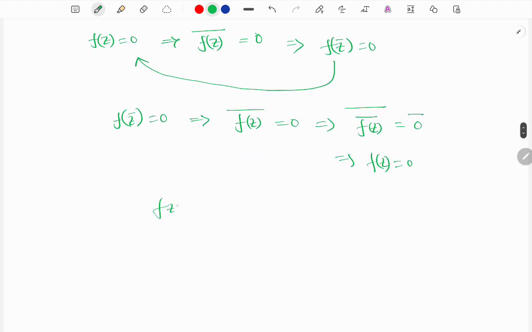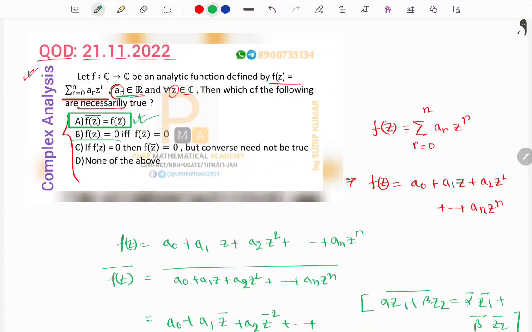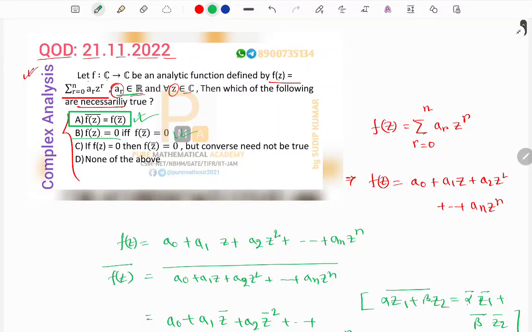Therefore f of z equals 0 if and only if f of z conjugate equals 0. Okay, so option B is also correct.